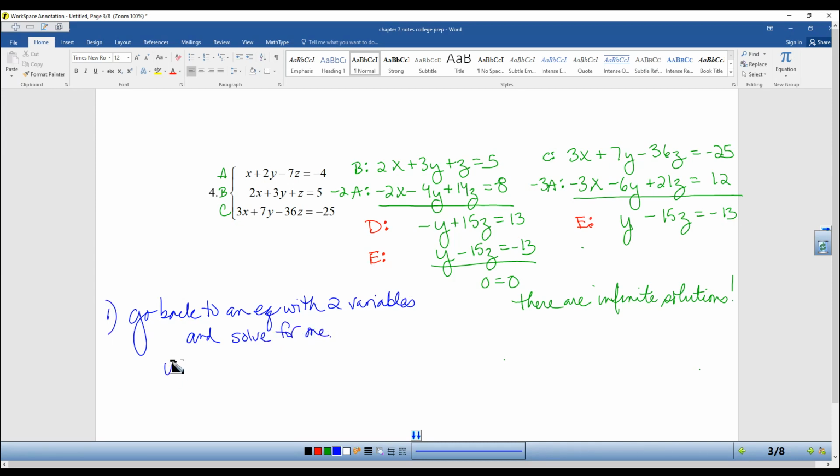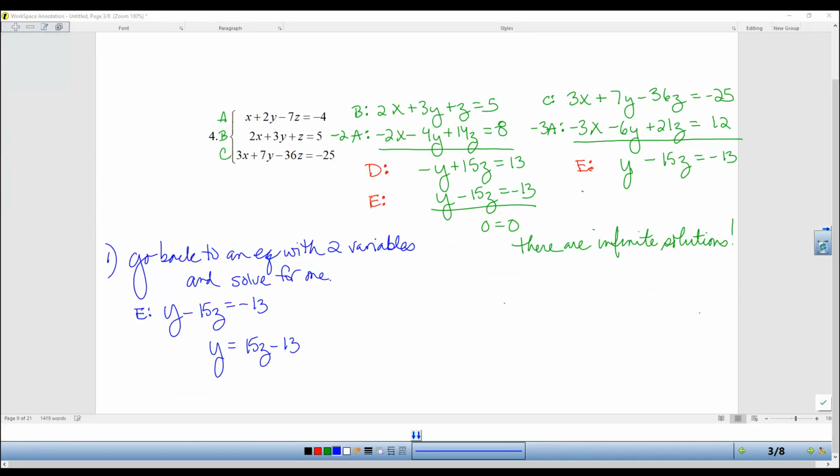So of course I go to y minus 15z, I choose equation E, is equal to negative 13, and I get y is equal to 15z minus 13. Step 2 is going to be write your ordered triple.